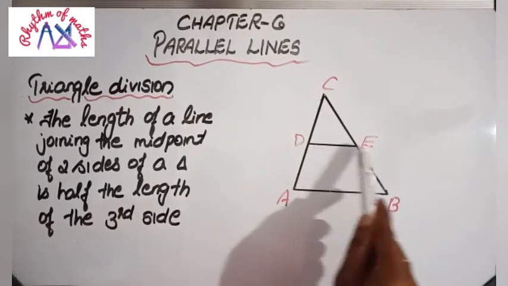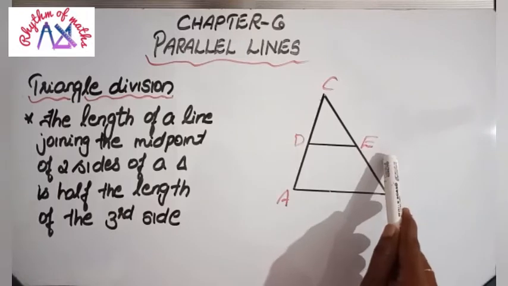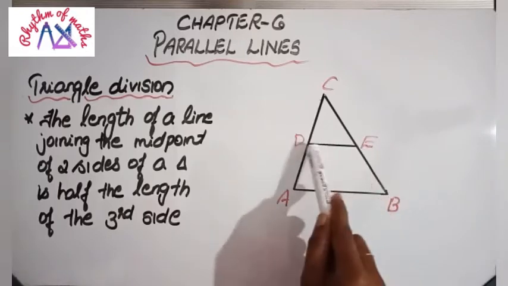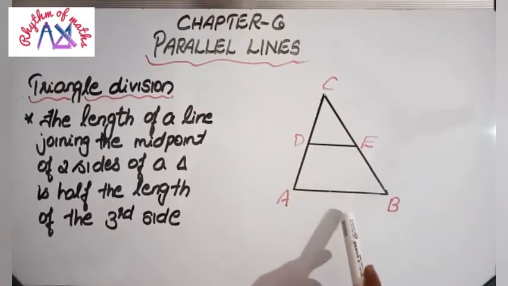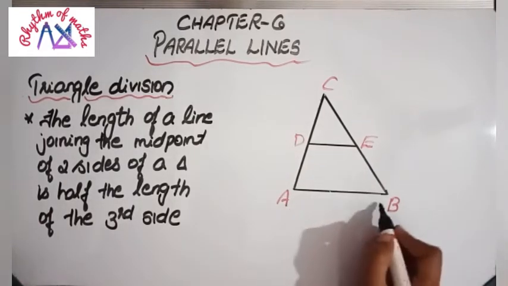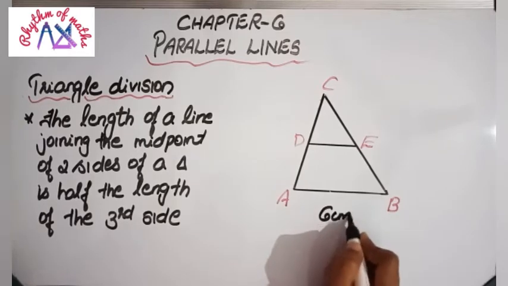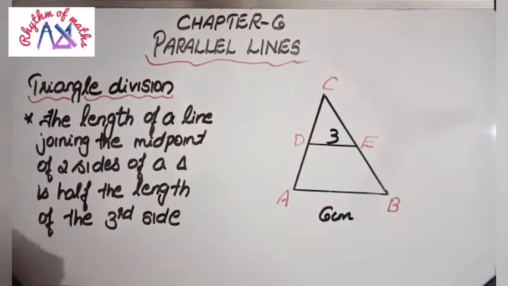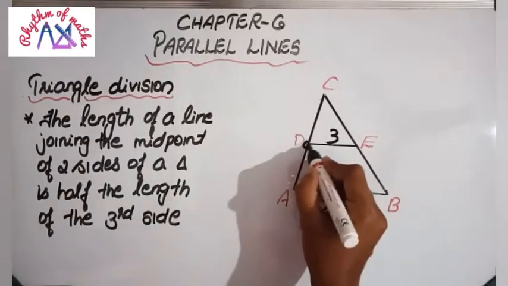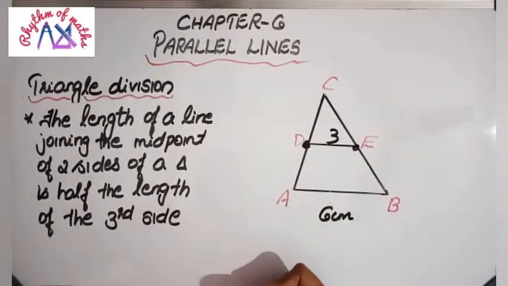So if D and E are the midpoints, then the length of DE, the line joining these two midpoints, will be half of AB. Suppose this measurement AB is 6 centimeters. Then the length of DE will be 3 centimeters, only when D and E are midpoints.